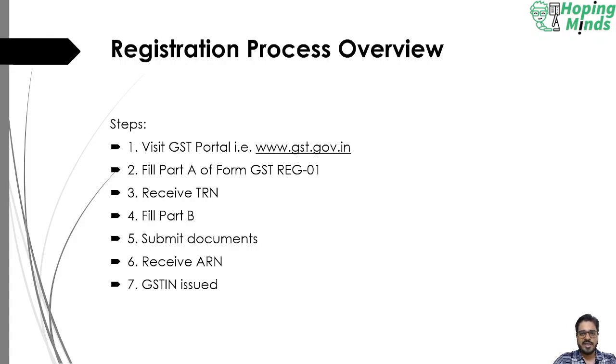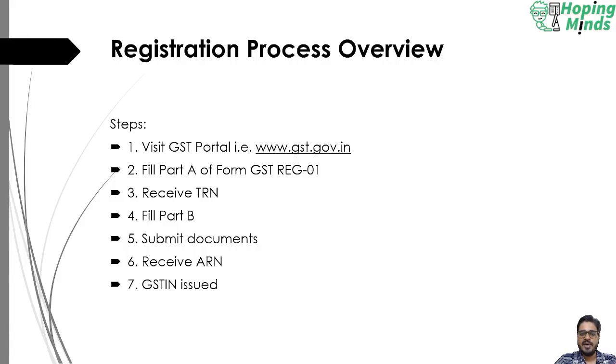Once the form is submitted successfully, ARN is generated. ARN implies application reference number. This reference number is used to track the status of our application. So upon the submission of our form, it is assigned either to the state or to the center, that is to the state jurisdiction or to the central jurisdiction.